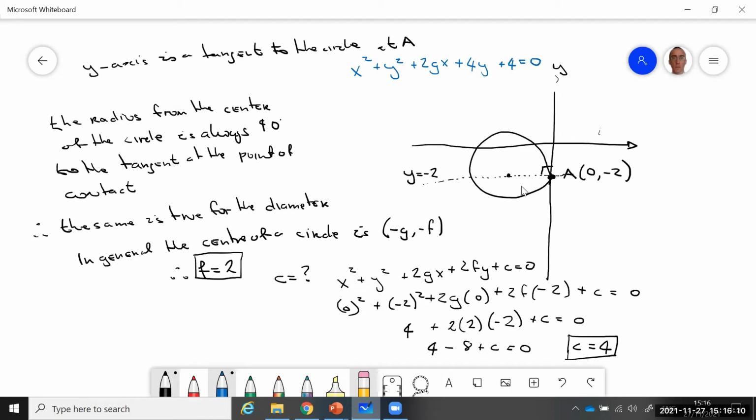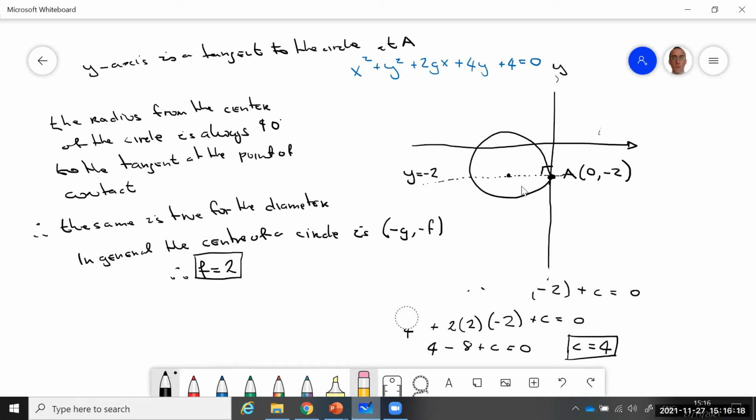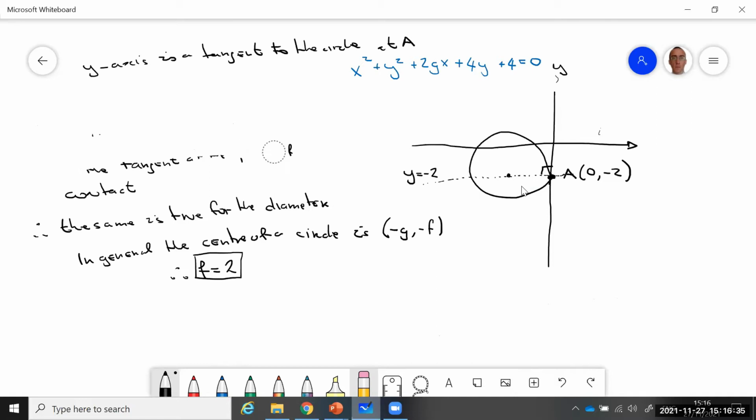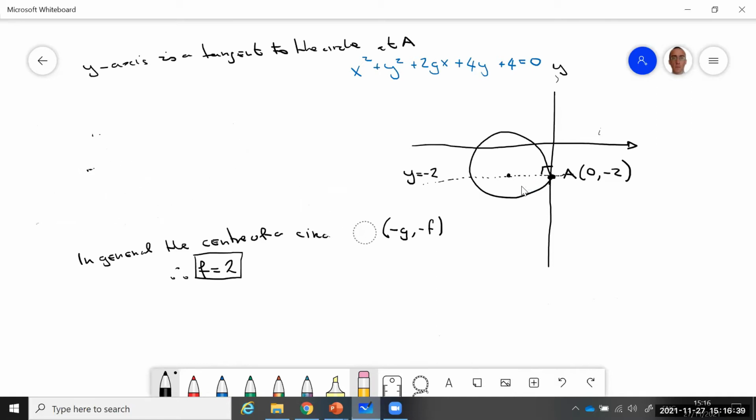Right, what I'm going to do now is just delete this part.